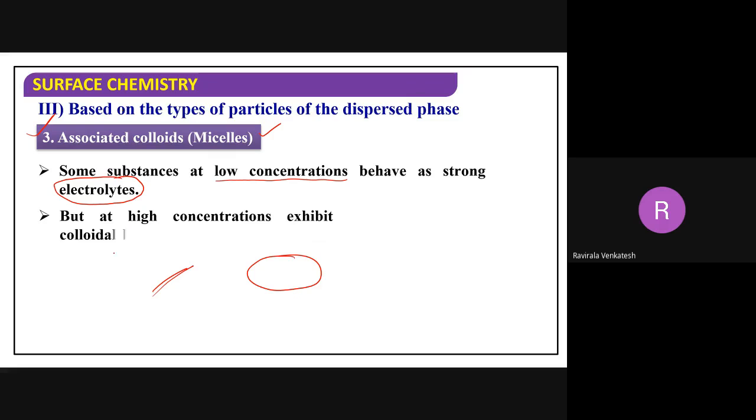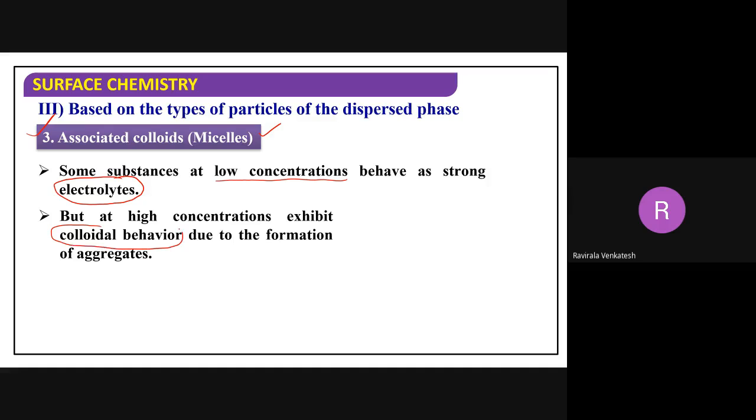But at high concentration, these exhibit colloidal behavior. At low concentration, they're acting as electrolyte. At high concentration, they're acting as colloids. So based upon the concentration, at low concentration, electrolytes. At high concentration, colloids.